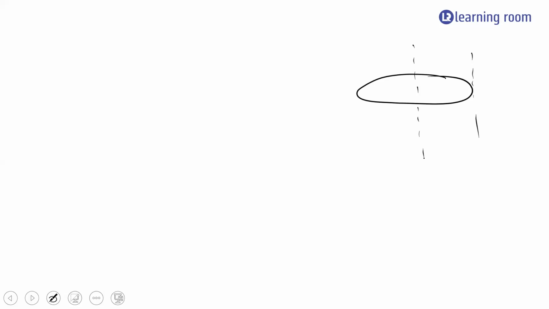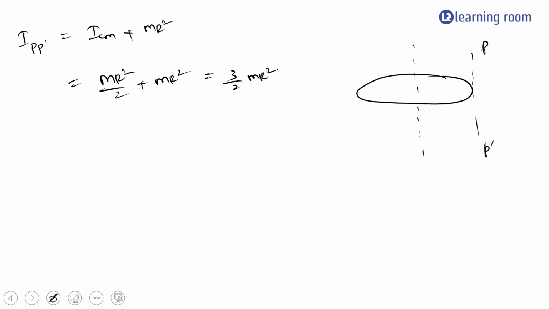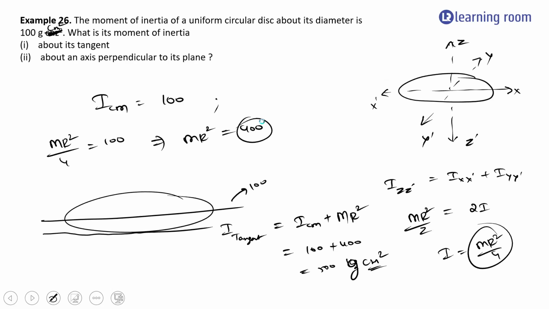Are you able to understand this point? If I call this PP dash, the moment of inertia about PP dash is the moment of inertia about the center of mass plus MR square. What is the moment of inertia about the center of mass in this case? It is MR square by 2, plus MR square, which is 3 by 2 MR square. We found MR square as 400.